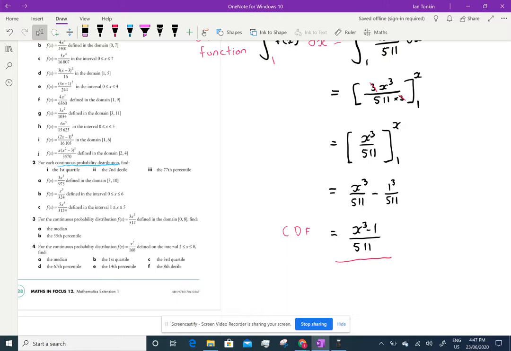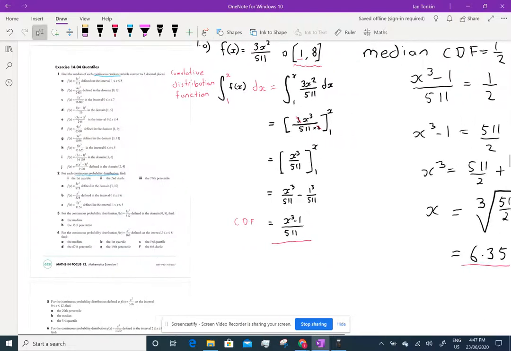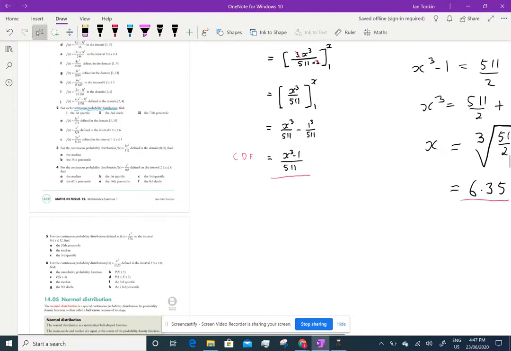And when I do J, it's a little bit harder, and it's going to revise some things that we need to remember. So let's go 1J. Now again, we get given f of x.